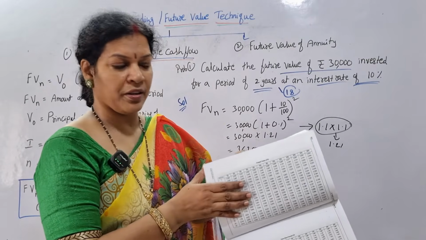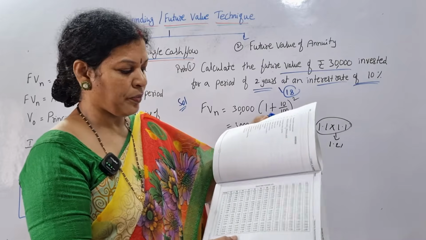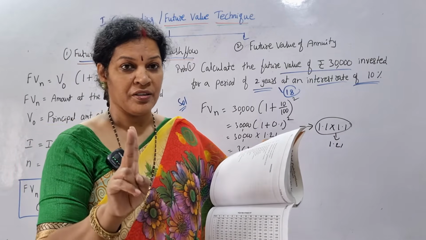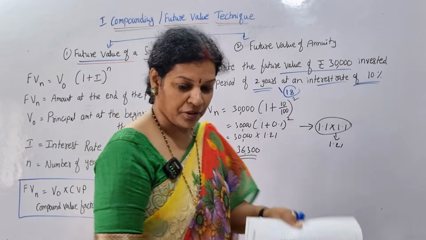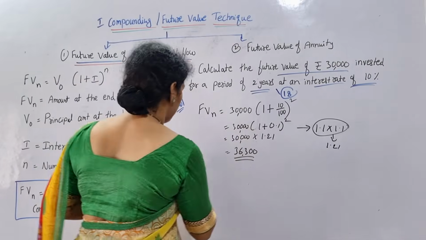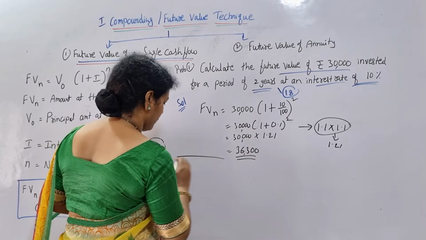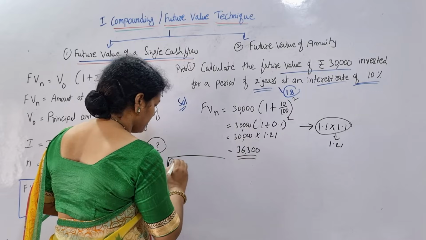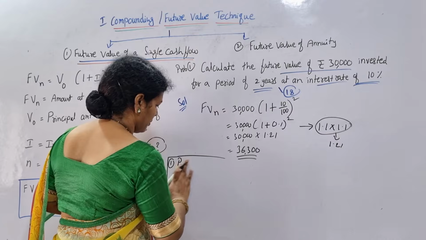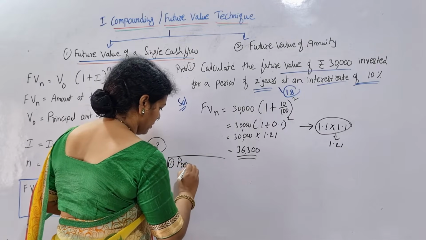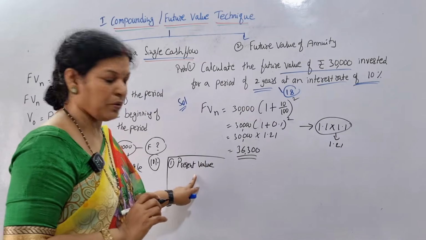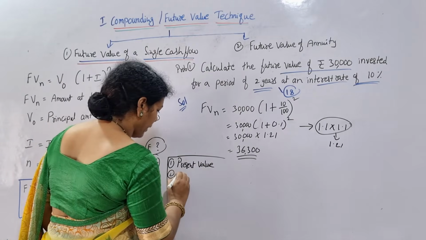Total 4 tables are there. One is the present value table, simple table. Second one is the present value annuity table.